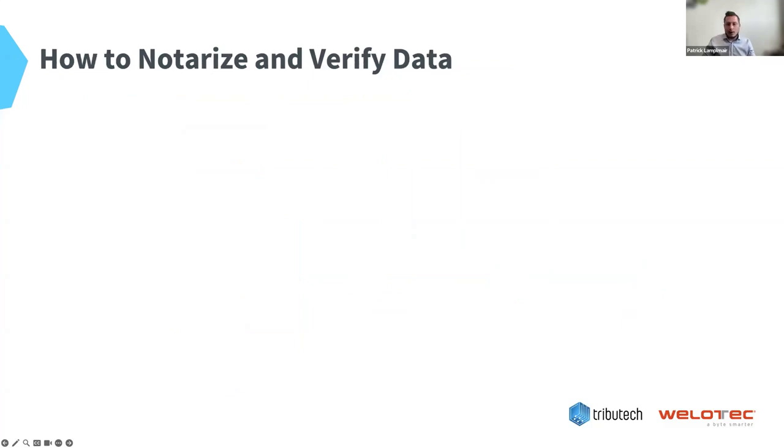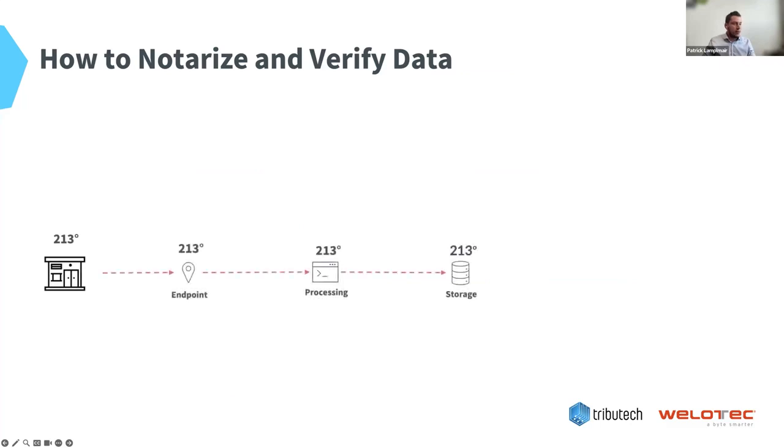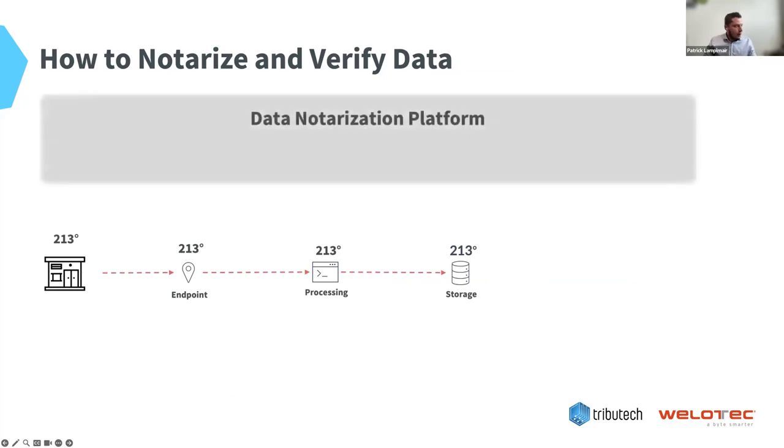If we now look again at the same scenario that we had before with the energy substation and the data we integrate into our system, we now add the data notarization platform and create this cryptographic proof from the transformer temperature, which then allows us to verify this data at any point in time in our system.